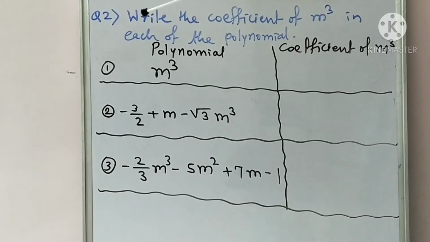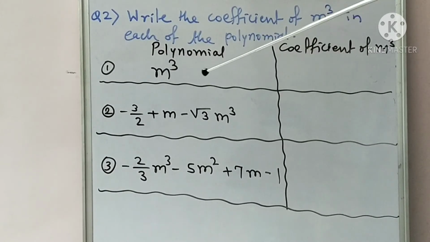The second question is: write the coefficient of m cube in each of the polynomials. We have 3 examples of polynomials with variable m, and we have to write the coefficient of m cube.